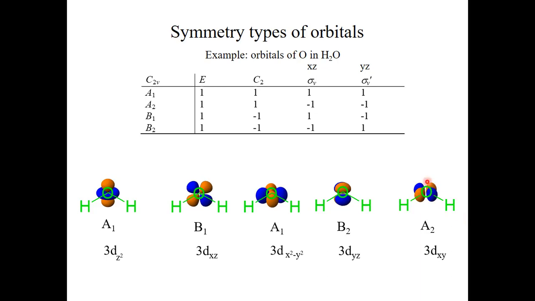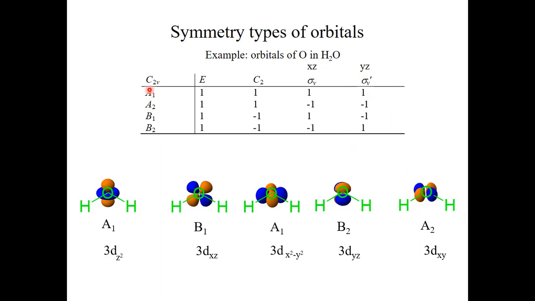But also as we reflect at sigma v prime, the algebraic sign changes. In this case, these two here are getting swapped, and these two here are also getting swapped. All right, so that's consistent with A2.